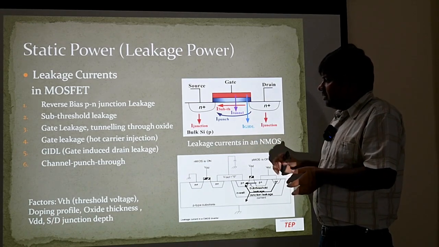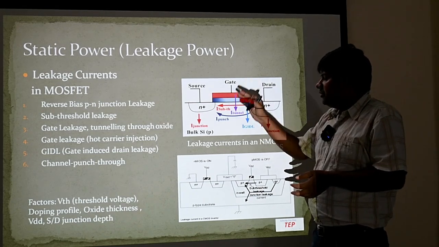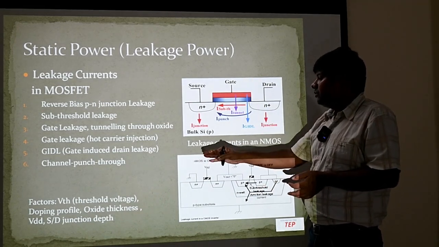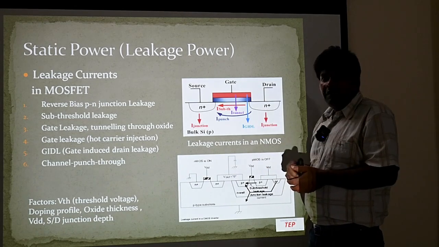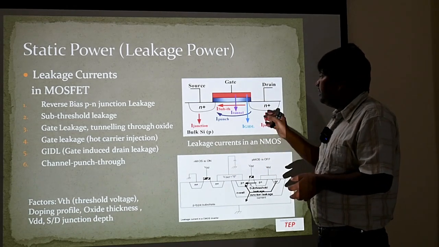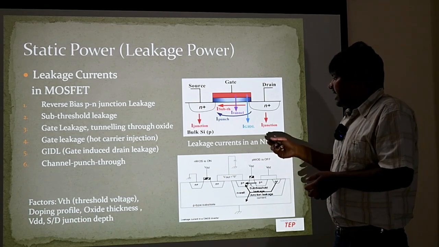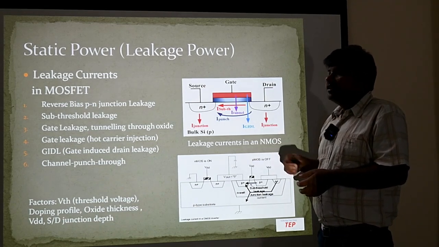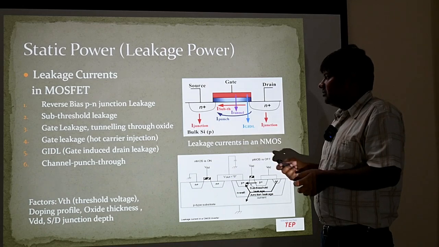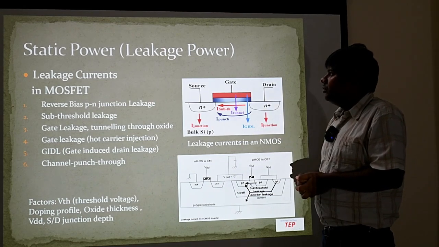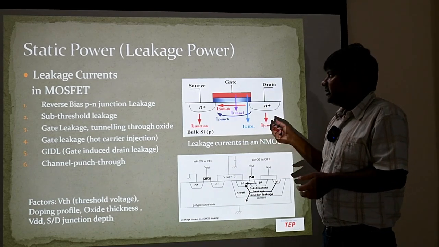So the more prominent factors are temperature and the VTH. If we can control the VTH, we can control the leakage current, and primarily that is the sub-threshold current. I am stating this fact because we will be using it in the coming slides when we work on how to reduce the leakage power.